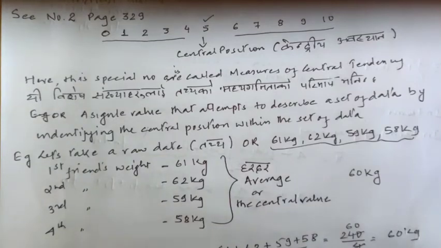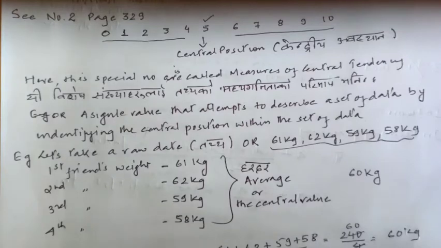58 kg. So the central value of these 4 weights will be a measure of central tendency. See, let's say the first friend's weight is 61 kg, second is 62, third is 59, fourth is 58 kg. So it's just like finding average or the central value.